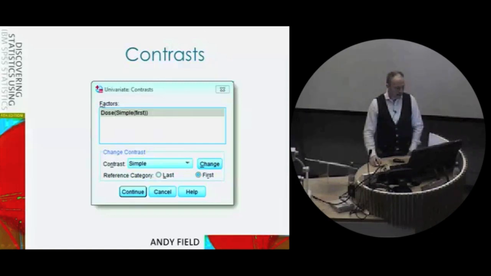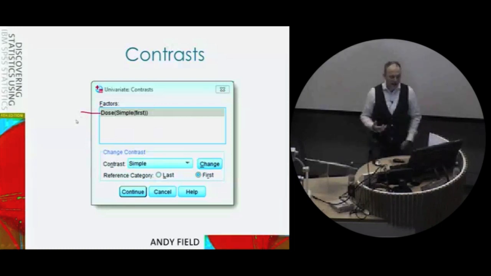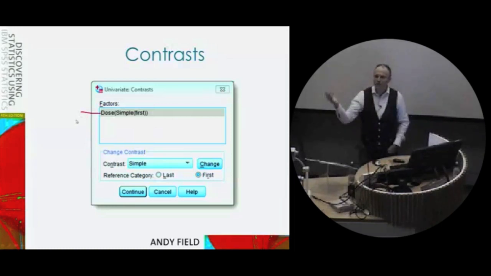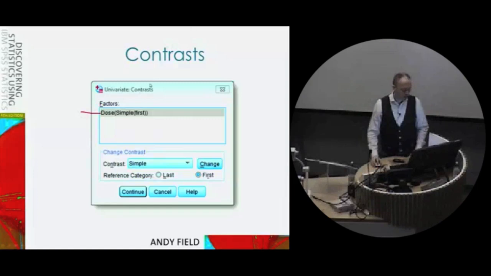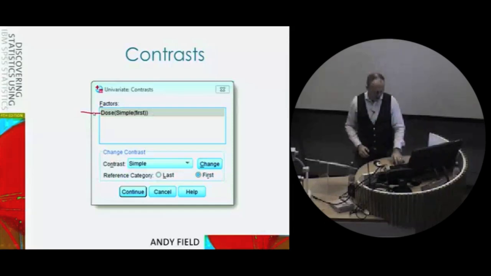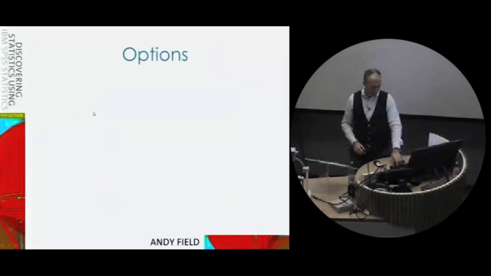Now one of them is a simple contrast, and that's what I've chosen to do here. And what that does is it compares every group to the first group, essentially. So it seems like a logical thing to do here, because our first group was the placebo group. So by selecting this contrast, I'll get a contrast that compares low dose to placebo and high dose to placebo. Now, obviously, you'll go through that in more detail in your practical class.